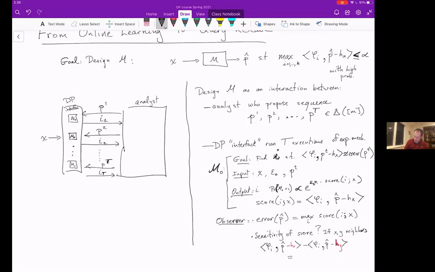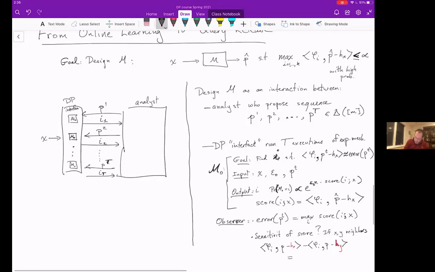This P hat is like P_t, whichever candidate thing the analyst has handed me just now. Okay, so if I take the difference of these two score functions, what's left over is phi times H of X minus H of Y.